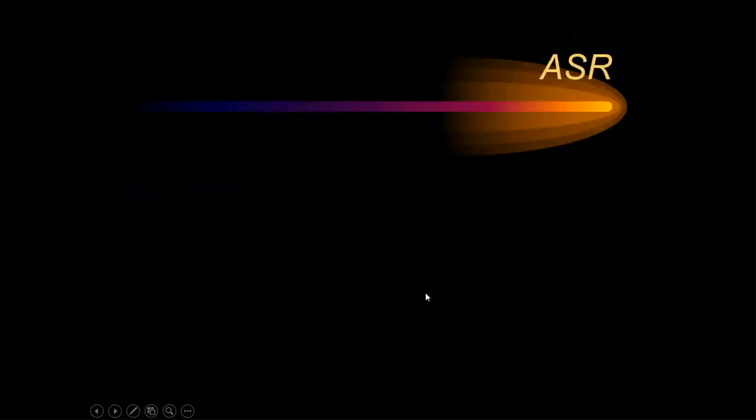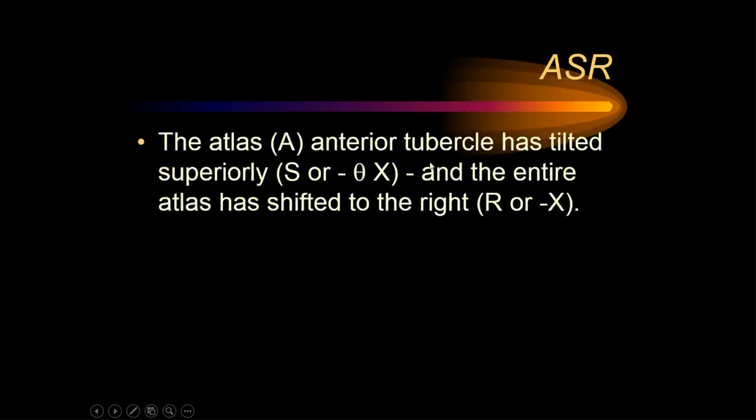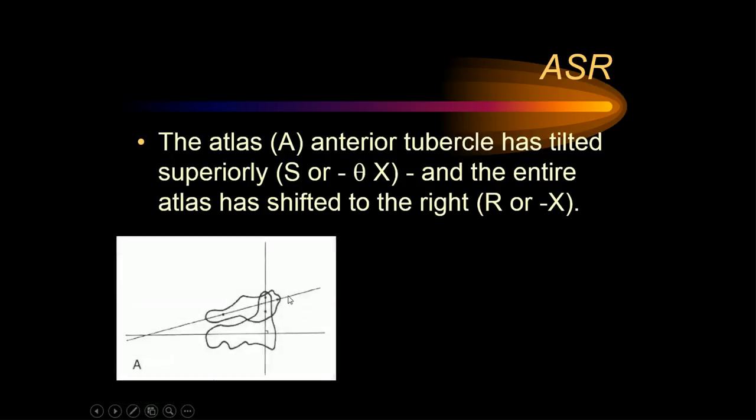So you might have some atlas listings that look like this, ASR. And you could actually have a situation where that S isn't there and you just put a dash, A-R. But here are some examples. A, atlas. The anterior tubercle has tilted superiorly, and that would be a negative theta x. And then the whole atlas is shifted to the right, or negative x translation. So there's your superior tubercle.